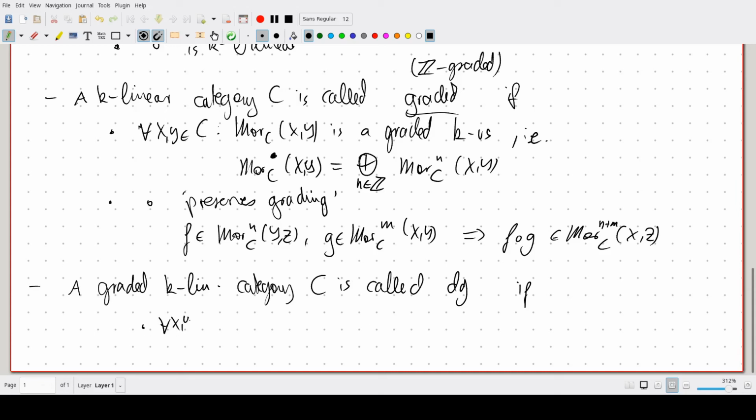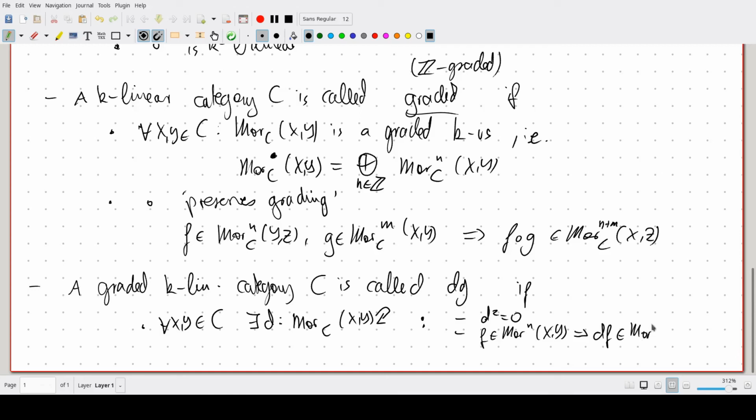So for all x and y in C, there's a distinguished map d that goes from the morphisms between x and y to the morphisms between x and y, satisfying a couple of conditions, namely, firstly, d squared is equal to 0, then d is of degree 1, meaning that if f is a morphism of degree n, then df is a morphism of degree n plus 1.